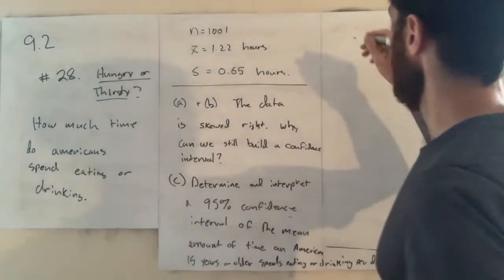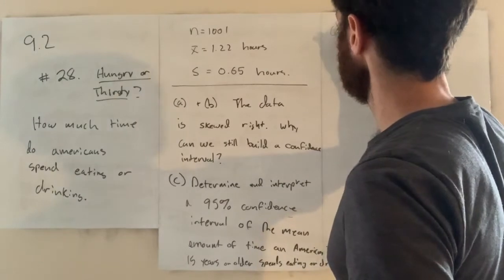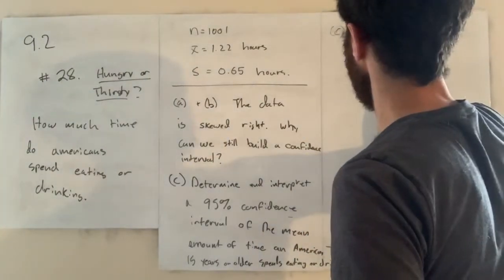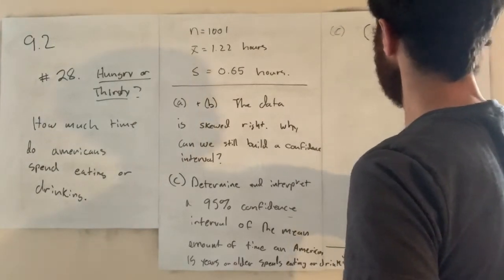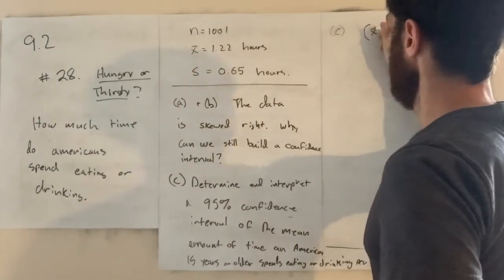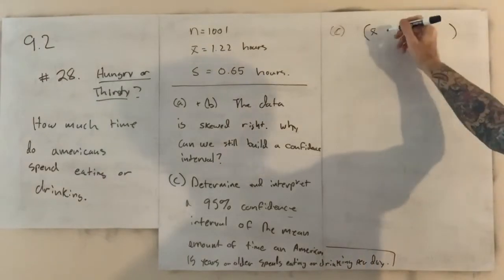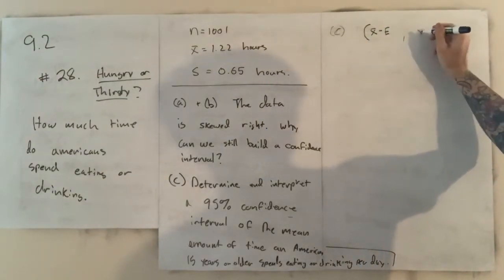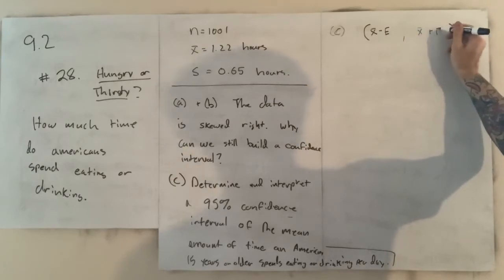Okay, so how do we do this? Well, we want to find our confidence interval, which is just going to look like this. It's just going to be our x bar minus some error, our x bar plus some error.